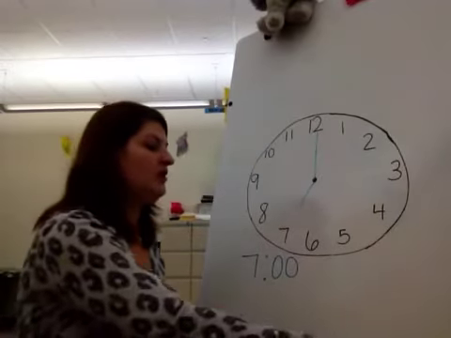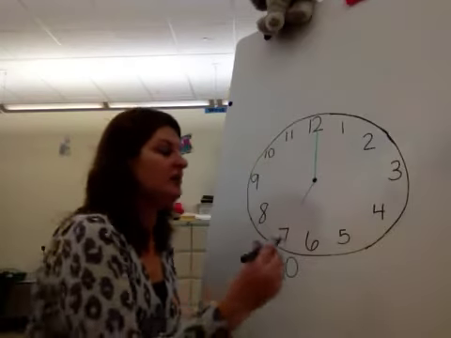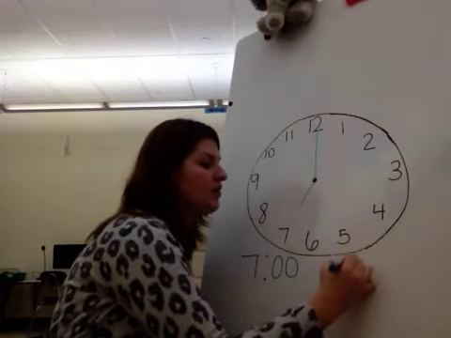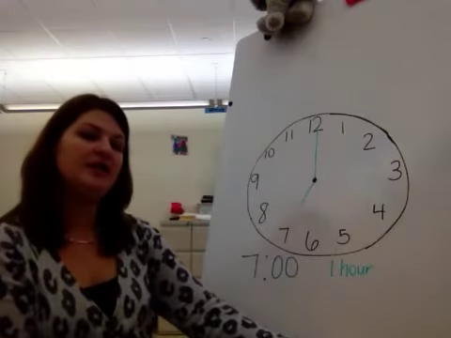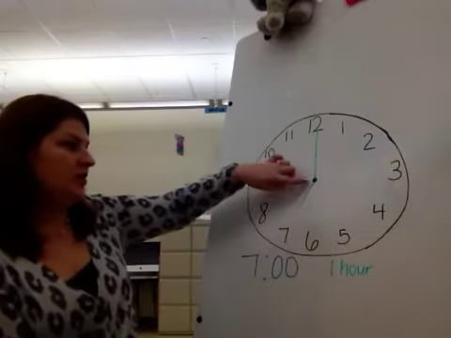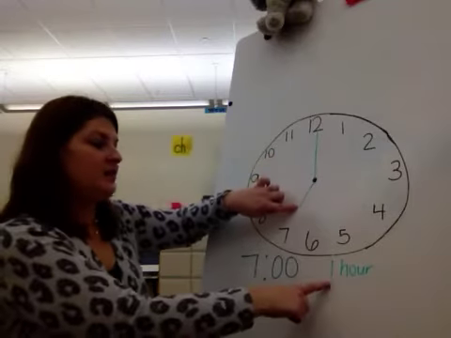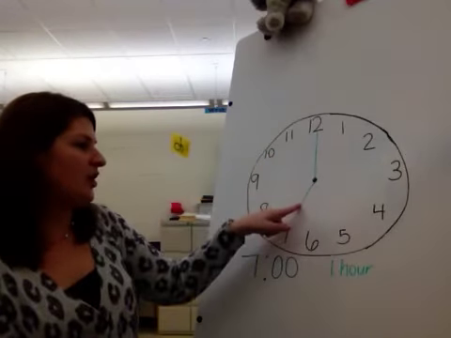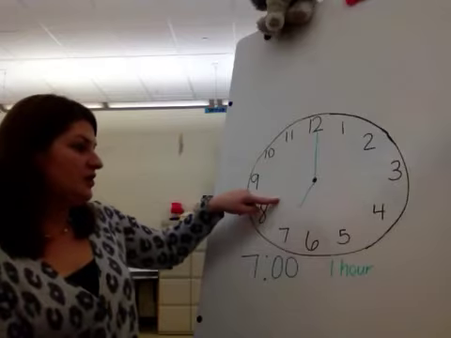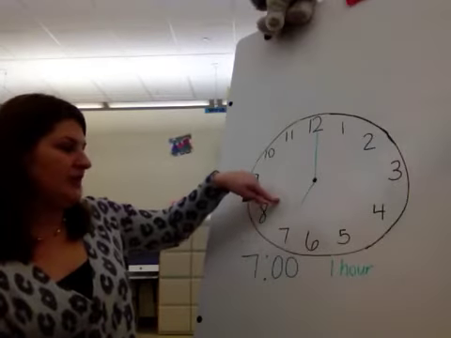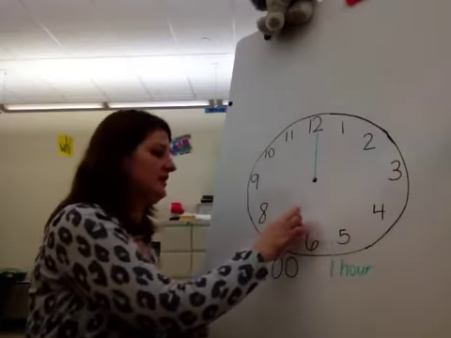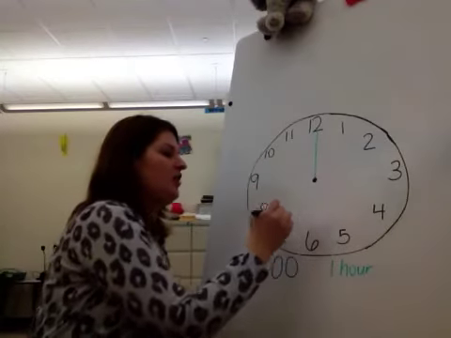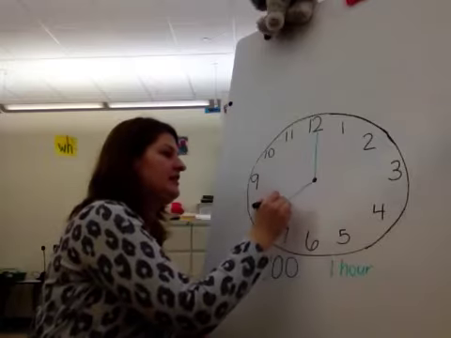So we know that we need to change by the hours. If we're going to go 1 hour, since we know it's our hour hand, we're going to go to the short hand, and it's 1 hour later. So that means we're going to go up one more. So if it's 1 hour later, our 7 is going to change, and now it's going to go up one more to the 8.